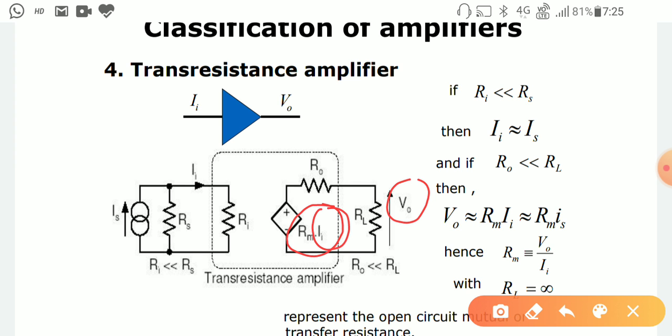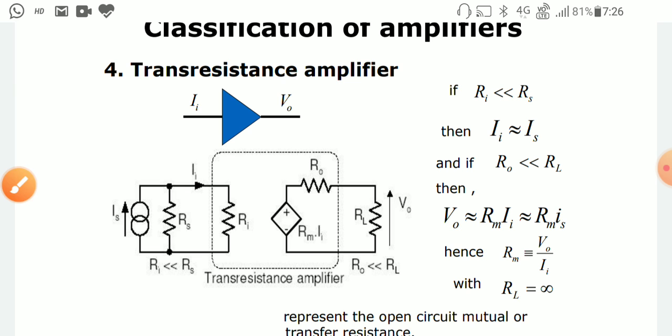This Ii term is present, so this is the induced current term defined as Rm of Ii. And obviously this is not a current source, it will be Ii Rm, that means this is the voltage term, induced voltage, due to the input side current.